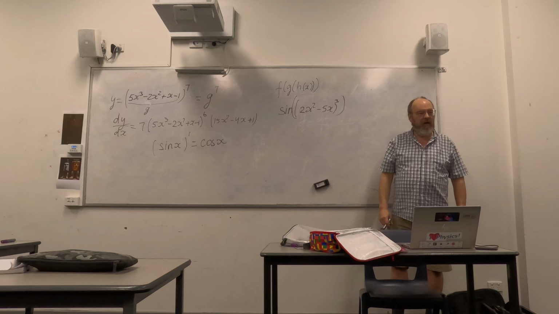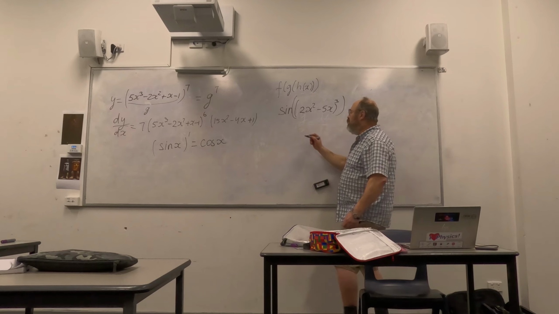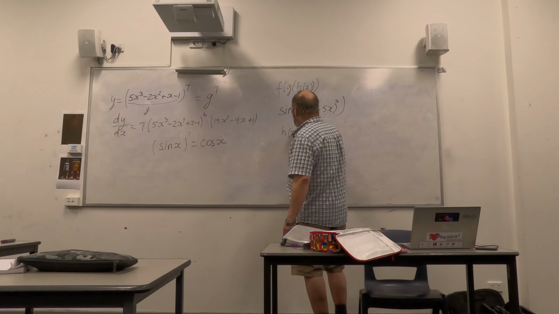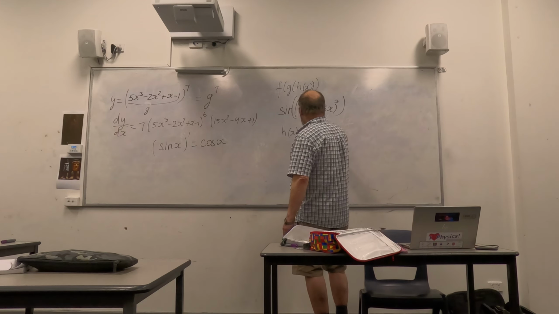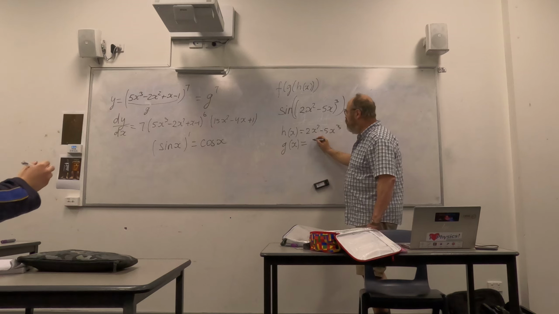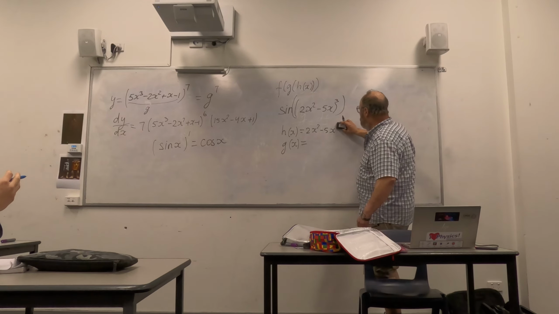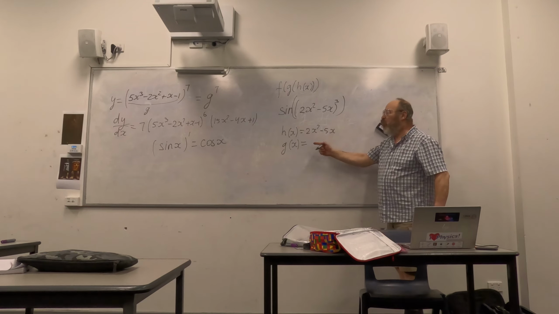What is the most internal function? We have h of x equal 2x squared minus 5x. Sorry, minus 5. What is g of x?